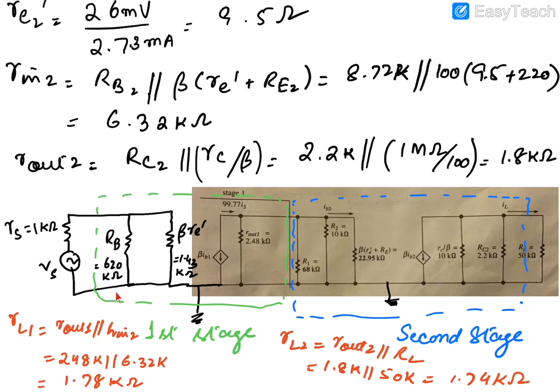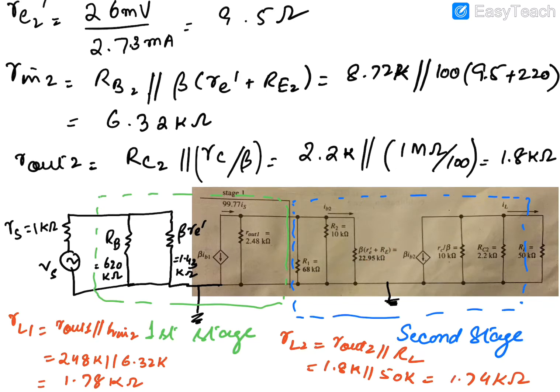Now this is the overall AC equivalent model for these two connected stages. This is stage number 1, this is stage number 2, this is the load resistance, and this is the source side. As you can see, we have connected dependent sources beta IB1 and beta IB2 with both stages on the output side, and on the input side is connected beta RE dash and RB, and for the second stage on the input side is beta RE dash plus RE2.